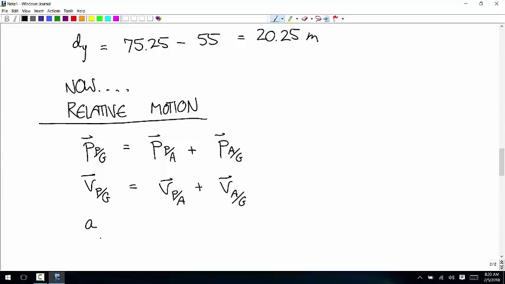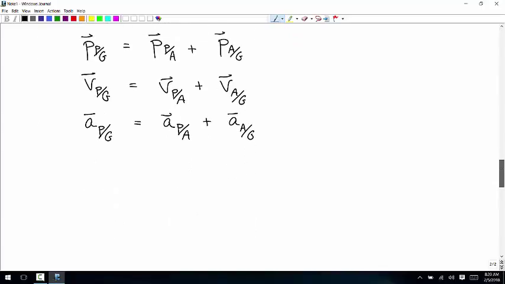And do it again and you get acceleration. And, you know, we've already done problems thinking about it this way, but let's do a couple of example problems.